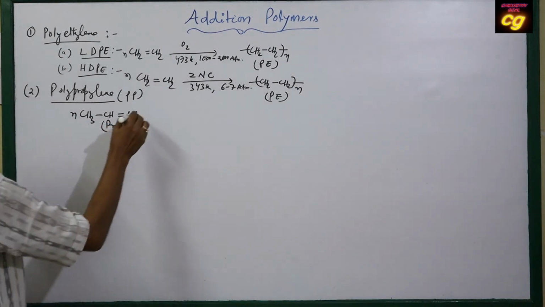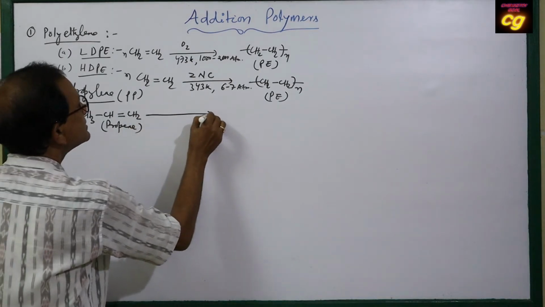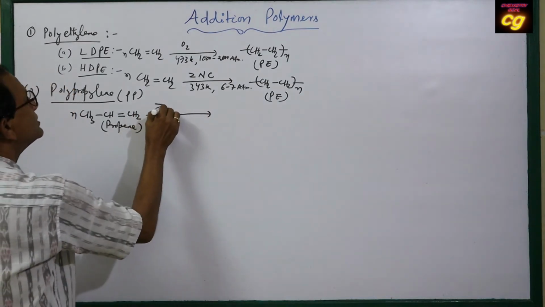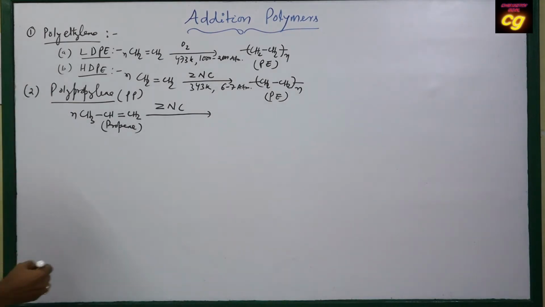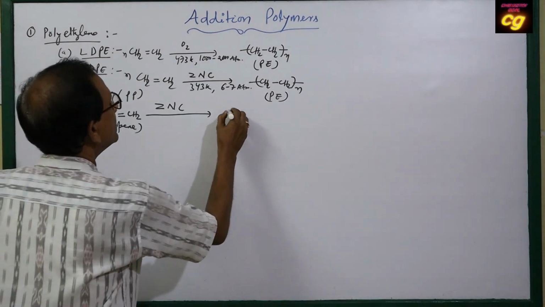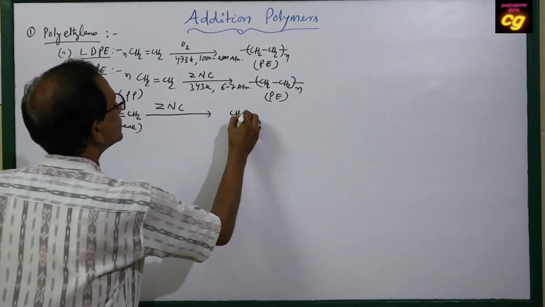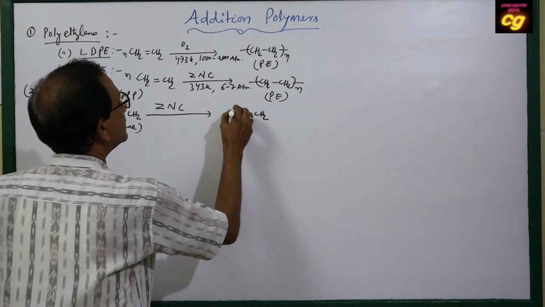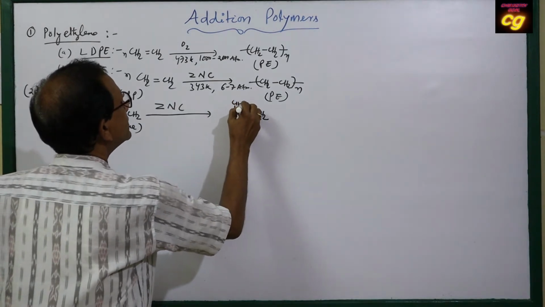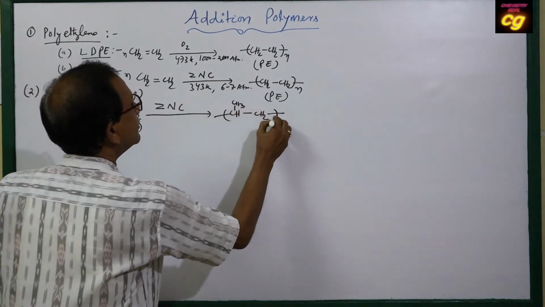Already know propene. When it polymerizes in the presence of the Ziegler-Natta catalyst, it produces polypropylene.